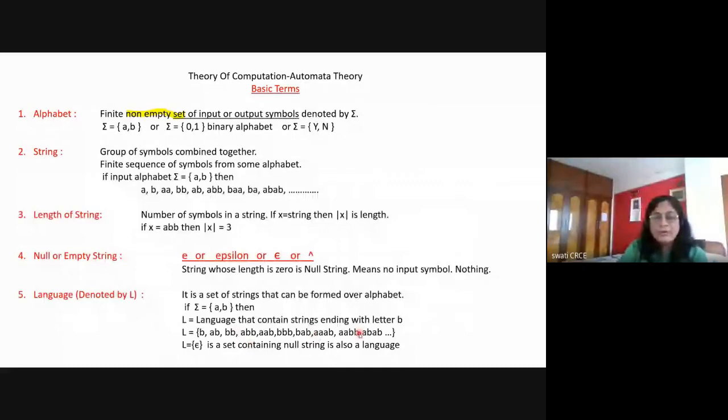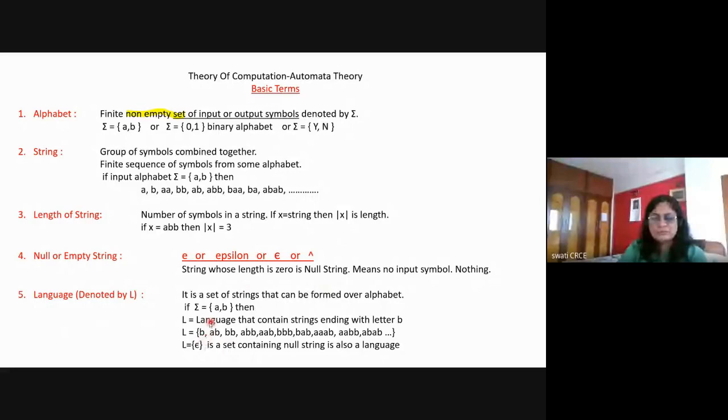So what is the minimum length string? The minimum length string is small b. Identifying the minimum length string for a particular language is very important, because we are going to start our designing of the DFA by taking the smallest string, and then we'll go on drawing the transition diagrams. So for any language, you need to identify the minimum length string.